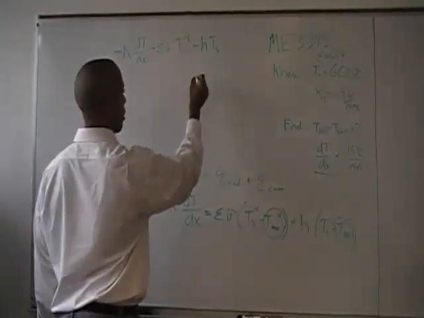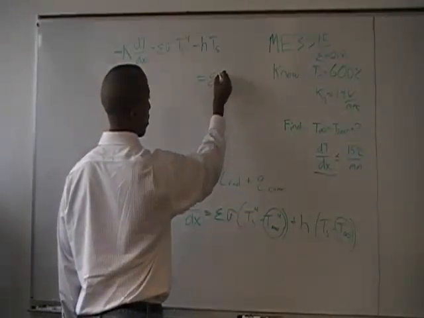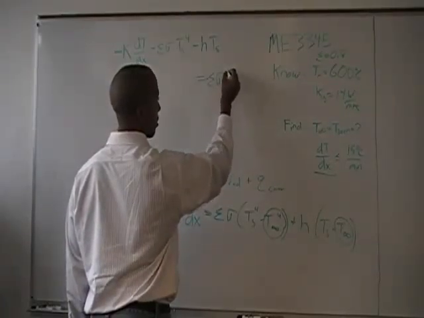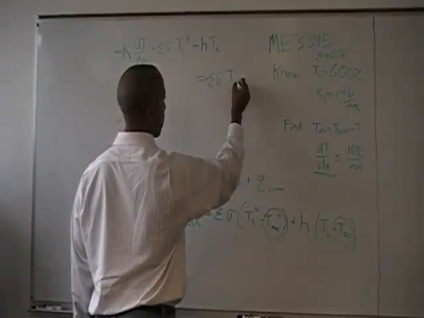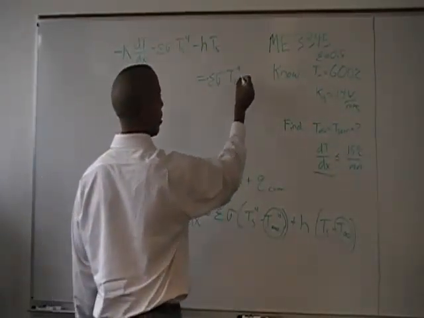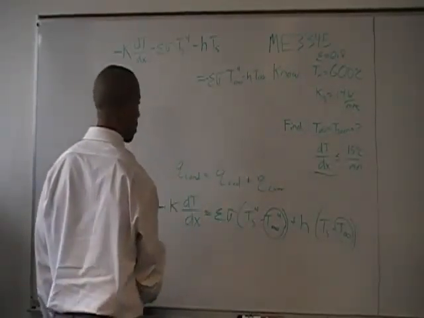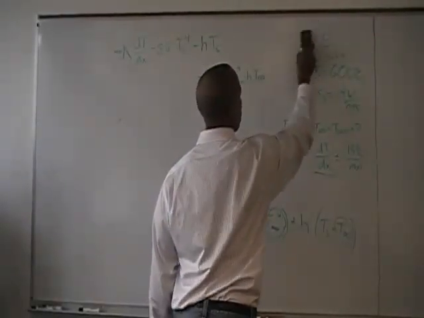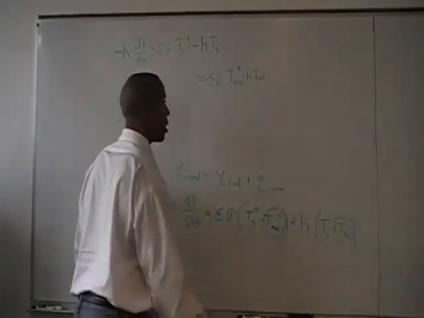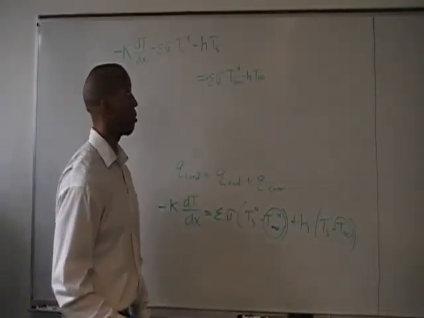And all of this is going to equal epsilon sigma, minus epsilon sigma times T infinity to the fourth, minus h T infinity. So we have a fourth order equation, so it's going to be 4 roots. So here's the point where you can tell that in order to solve this, we're going to have to do trial and error to solve this problem.